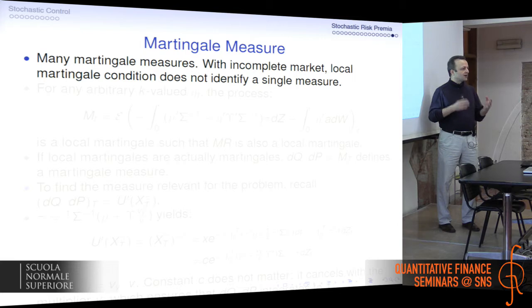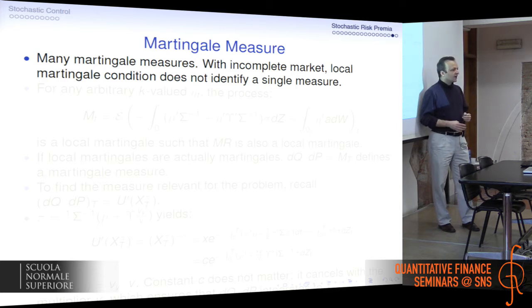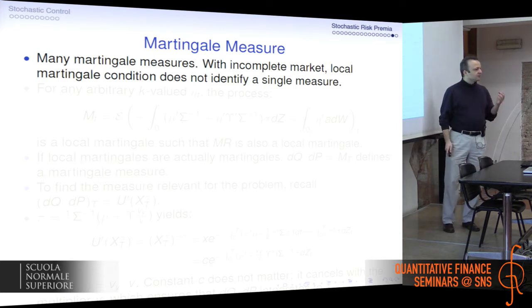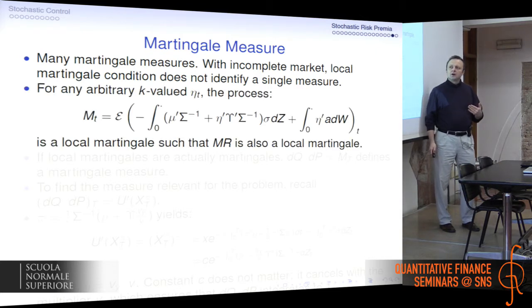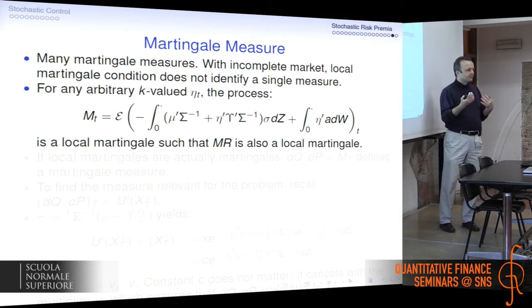And of course, there must be a link between your attitude towards risk and the martingale measure that you're going to pick. So in general, when you are solving a portfolio choice problem, even if you don't want to solve a pricing problem, you have solved it anyway. Okay? Because there is a one-to-one correspondence between the marginal utility of the optimal payoff and the stochastic discount factor. They have to be proportional.